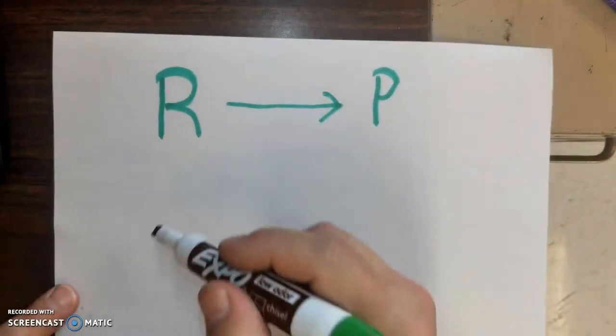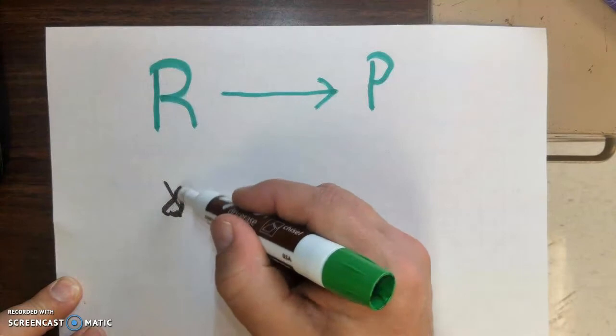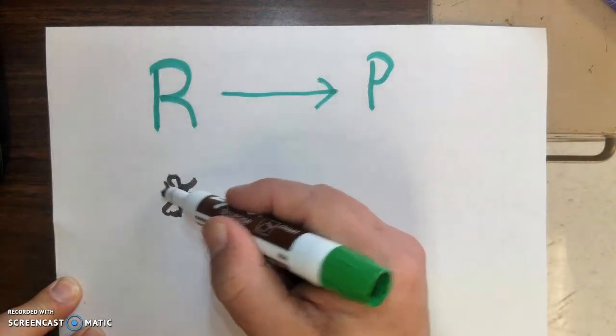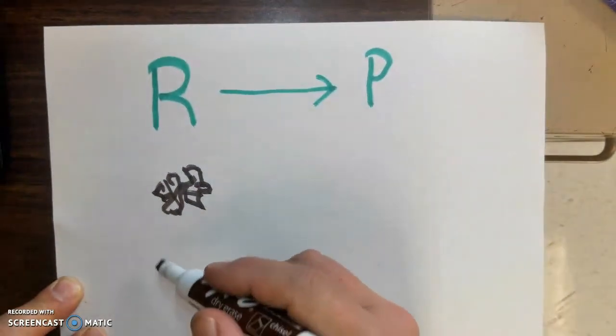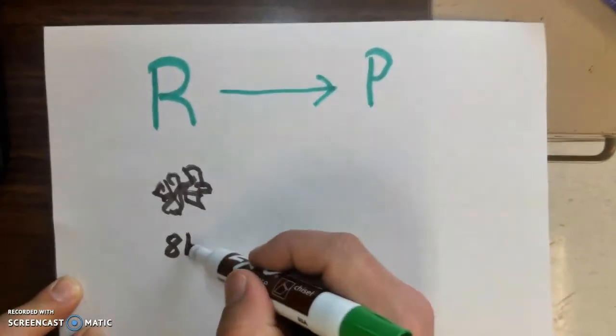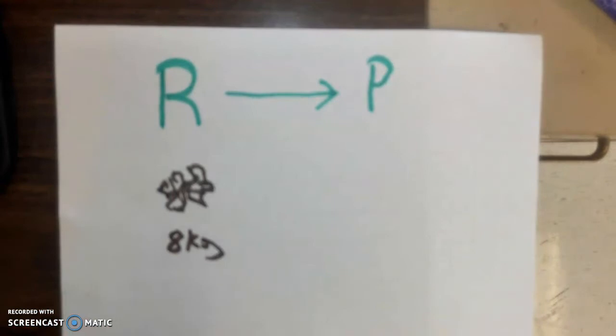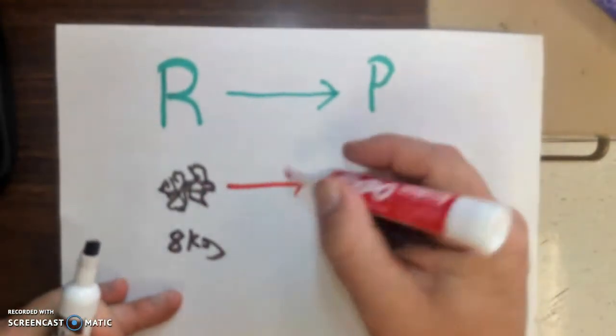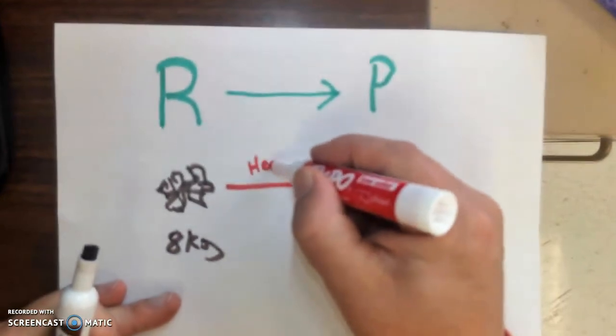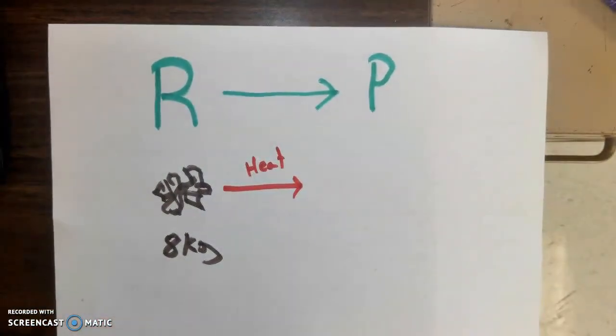So the example that I gave in an earlier video was that if we had a pile of firewood, and let's say we found the mass of that firewood to be 8 kilograms, and then we light it on fire.